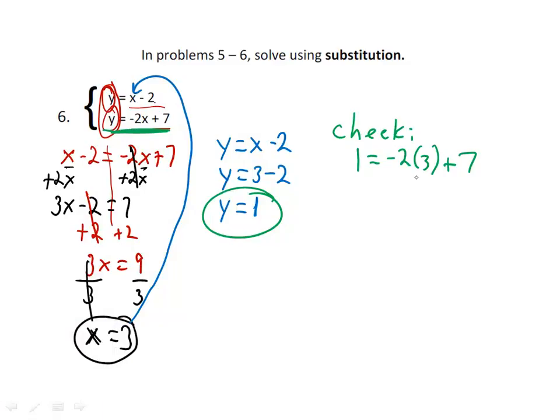All right, now let's do the math. Negative 2 times 3 is negative 6, plus 7. So 1 equals 1. It worked. I got the same thing on both sides. That means I have the correct answer. 3, 1.